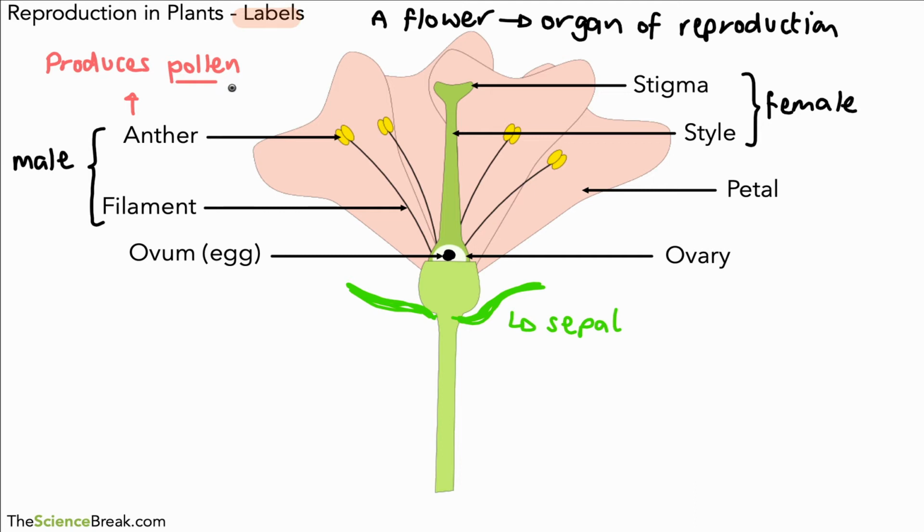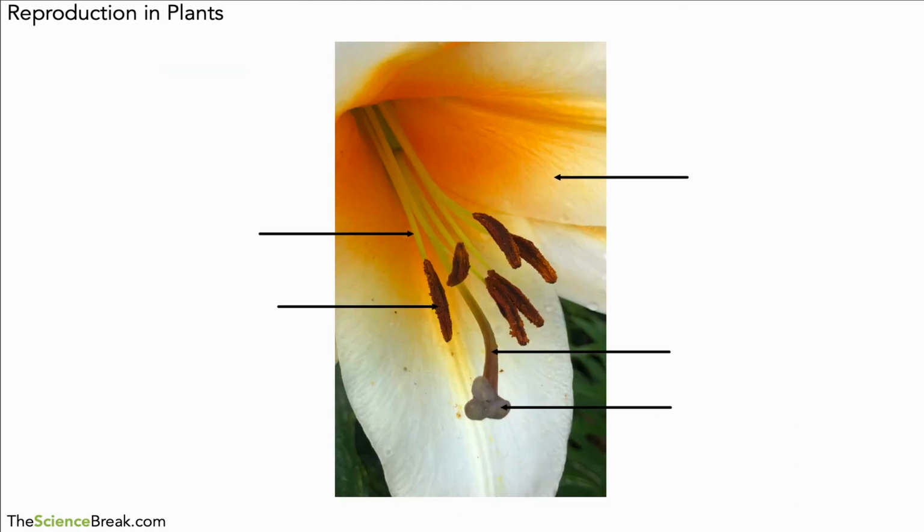So let's take a look and see one example of how pollination happens in flowers. Before we do that, let's see if we can practice the labels. This is a photograph of a flower. See if you can pause here and label the different parts. This is upside down compared to the one we had before, but that's just the way the flower was growing when I saw it and took the photograph. But let's have a look at the labels.